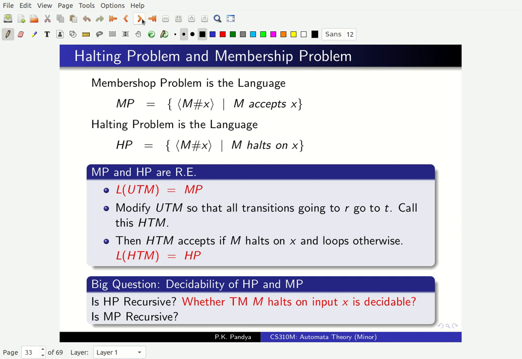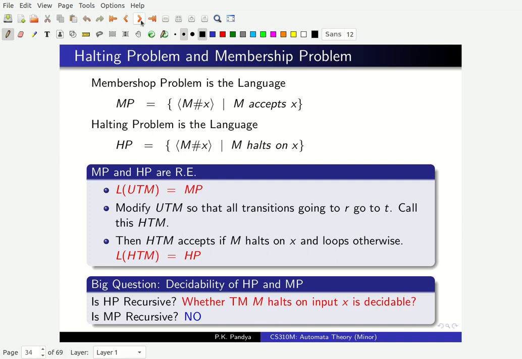We had raised this question last time, and the answer to these questions is no, neither of these two languages is recursive. However, they are both recursively enumerable languages. So now we know that there are languages which are RE but not recursive, and there is a gap between them. However, establishing this requires a certain amount of work, and that is what we will be doing today.